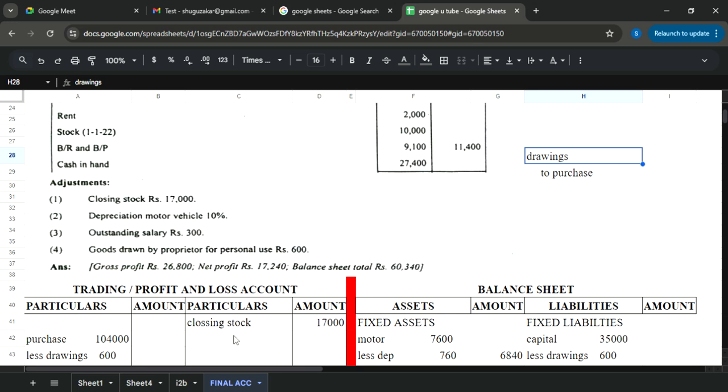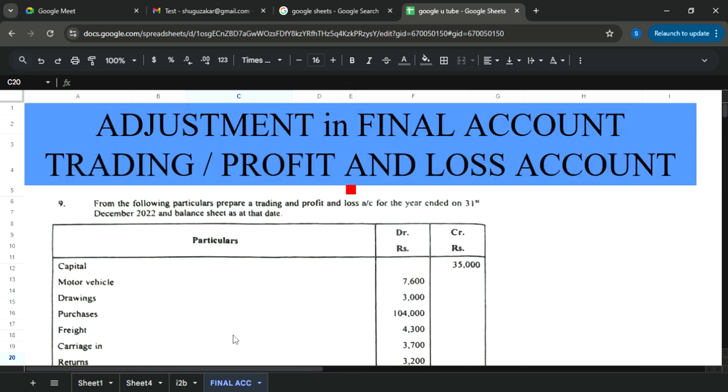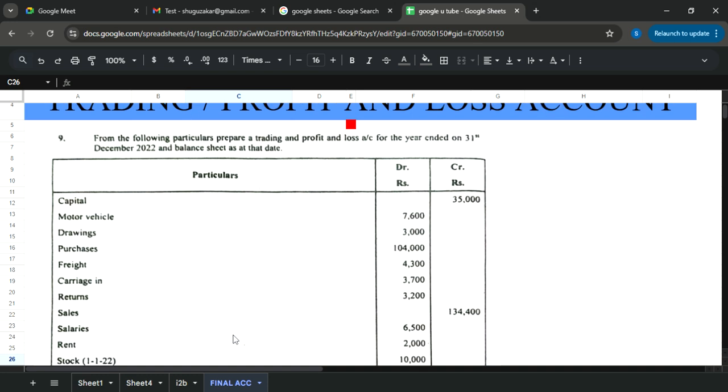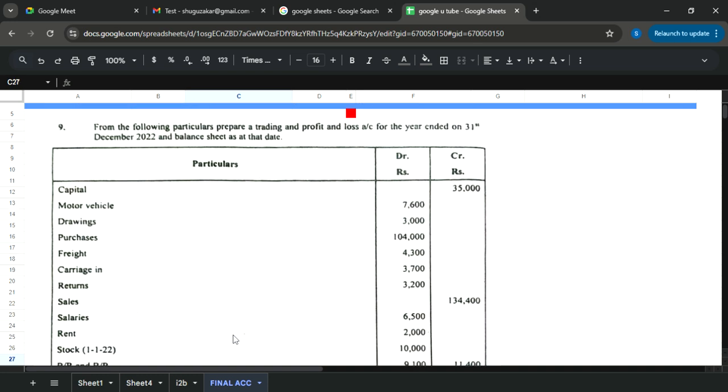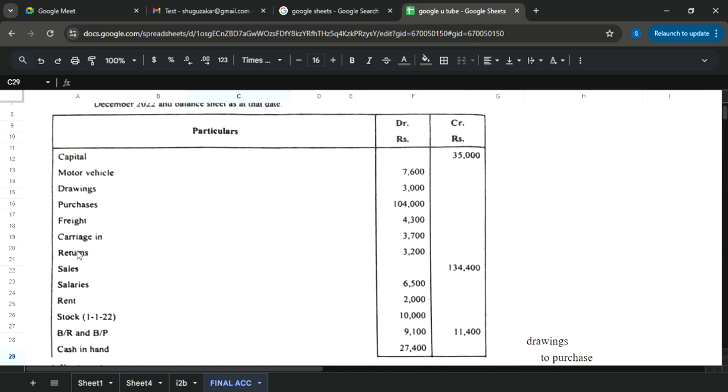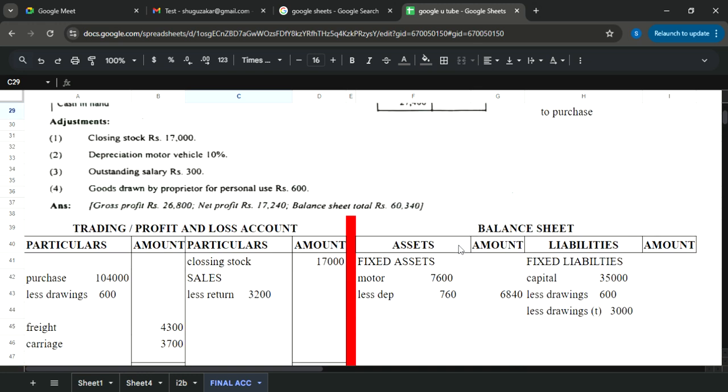Here first you will mention sales, then less returns. I think it was 3200. Let's check. So we have sales, we have returns 3200, and we have mentioned 3200.